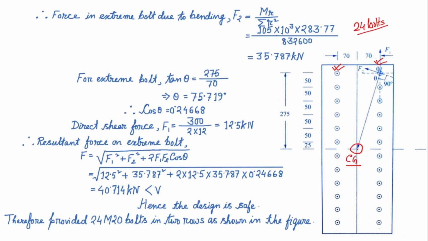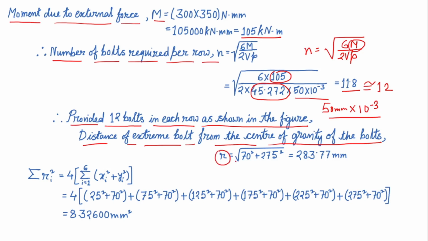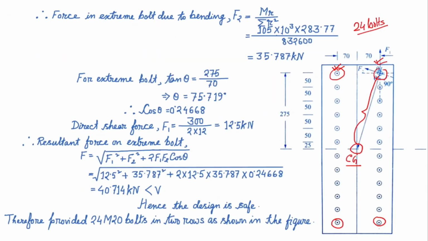So the distance of the CG of the bolts to the extreme bolts, these 2 at the top and 2 at the bottom, are the 4 extreme bolts. We have to calculate the distance from any one of these 4. So the distance, which is r, is the square root of this distance squared plus that distance squared.